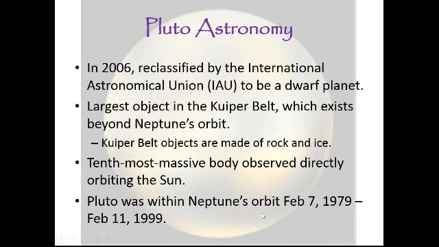And it last did that February 7th, 1979 through February 11th of 1999, a 20-year time period, and we would have had Pluto transiting through the latter part of Libra all the way through Scorpio and then into early Sagittarius when it was doing this.